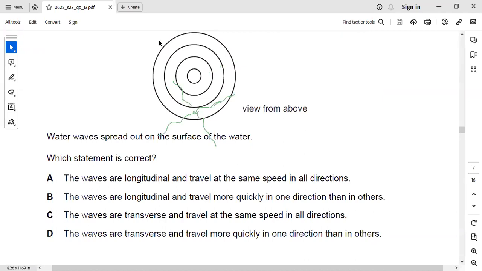Four statements are given. When a drop of water falls onto the surface of still water, it creates a circular wave that spreads out in all directions.